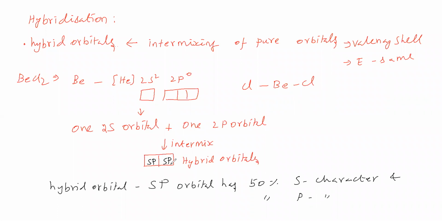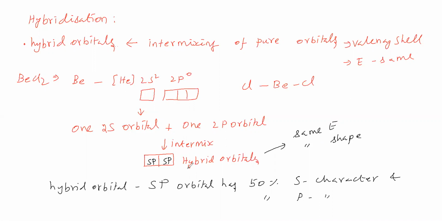Hybrid orbitals have the same energy and the same shape. These 2 hybrid orbitals orient around the nucleus of beryllium such that repulsion is minimum and stability is maximum.